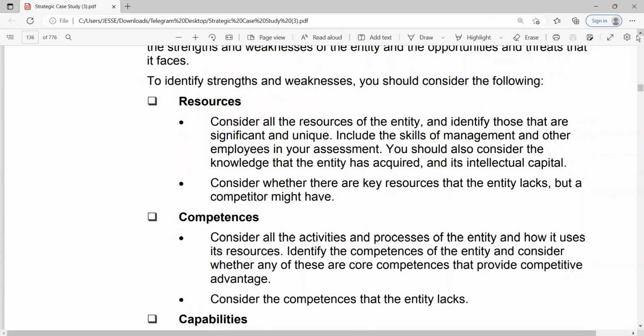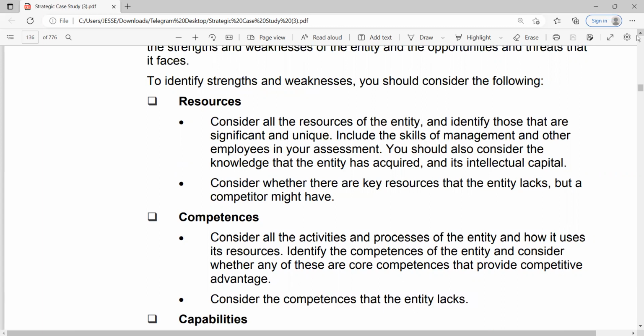So to identify strengths and weaknesses, you should consider the resources, the competencies, and the capabilities of an organization. So you need to figure out, what are the resources? Which ones are unique? Is there any resource that is deficient or lacking?